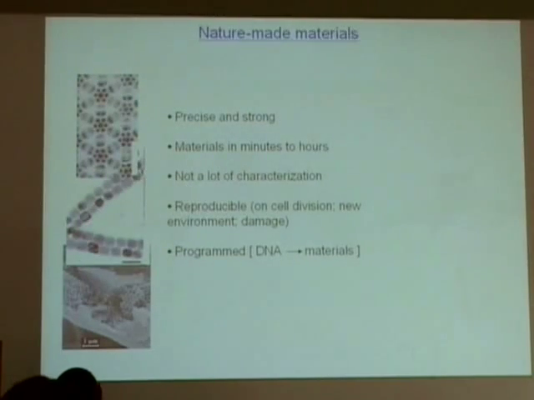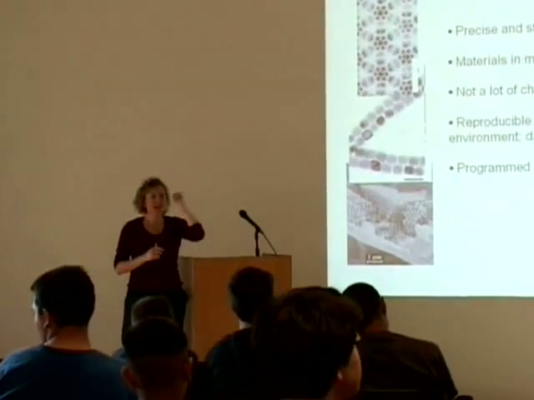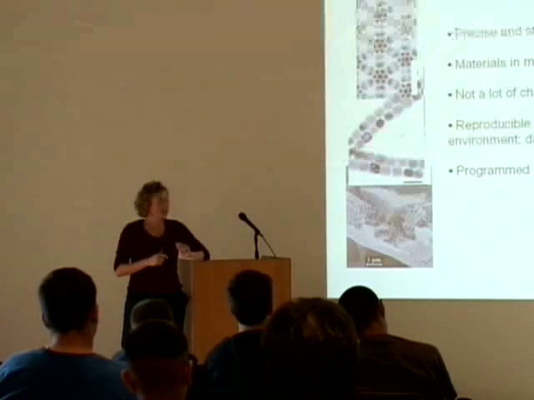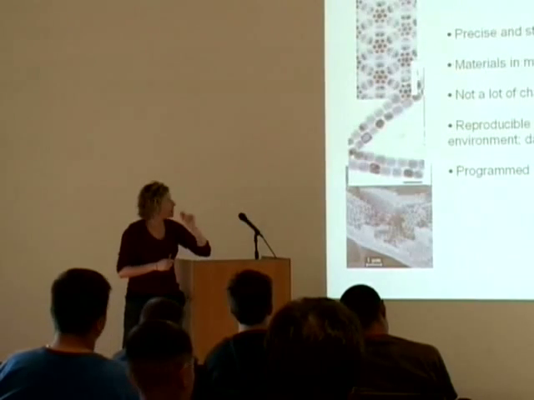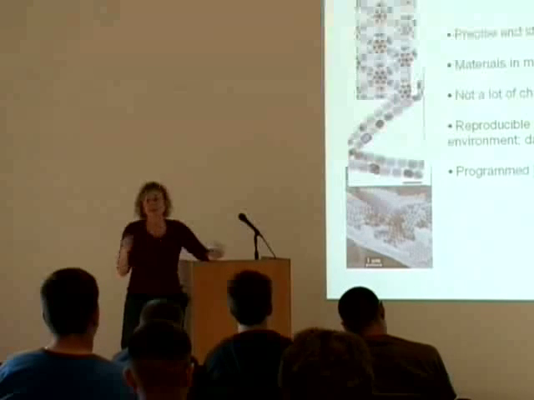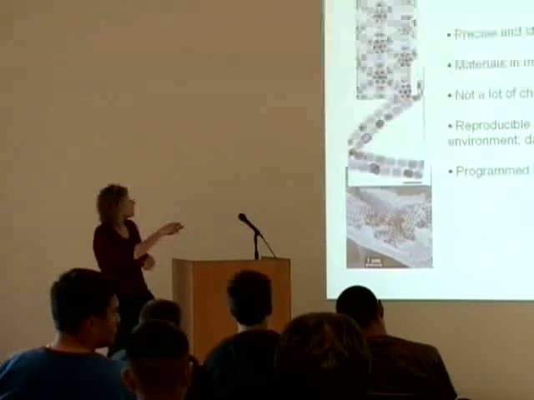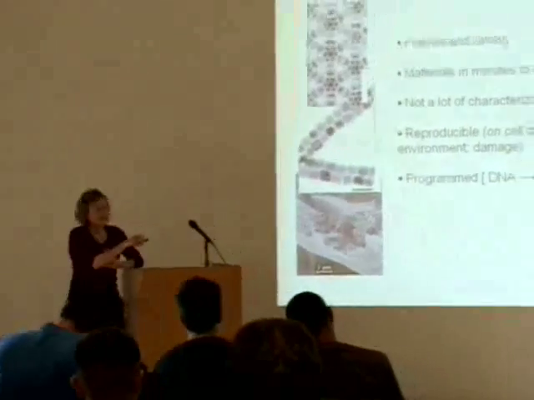They make materials in minutes to hours. What I didn't tell you about that diatom is that when it starts to make that one side of that glass house, it does that in 15 minutes. So by the time you're probably done making, maybe 1 hour, it's done making its entire frustule with that incredible precision that you see here. So not a lot of time.